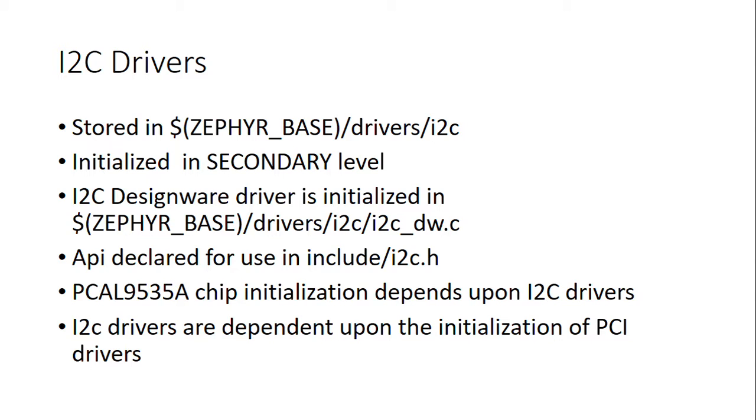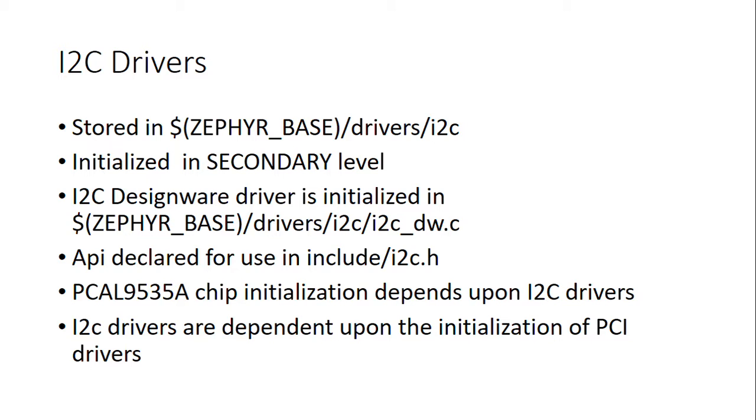we're developing. And this PCAL9535 chip, which is present on the I2C bus, its initialization depends upon the I2C drivers, because the PCAL9535 chip is basically on the I2C bus. So to use this PCAL9535 chip, we have to make sure that the I2C driver has already been initialized.